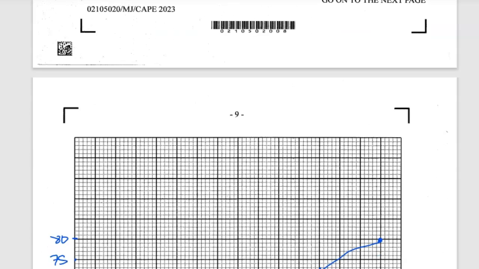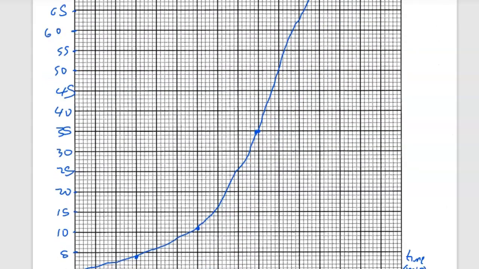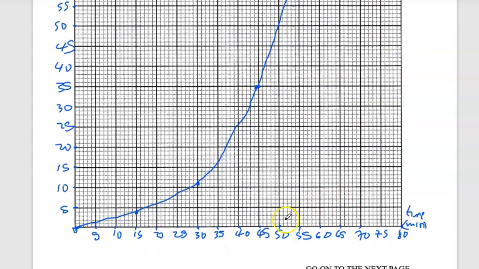Let's find 50 minutes. So 50 minutes would be here. We draw a line from 50 minutes, and it should be a straight line using a ruler. Forgive my freehand; in an exam, of course, students will use a ruler. Draw a straight line from 50 to touch the curve.